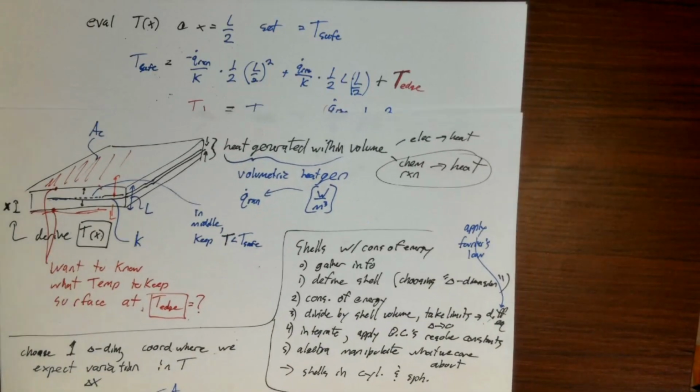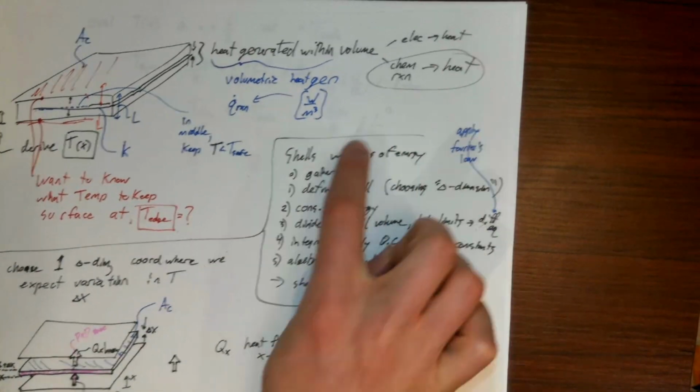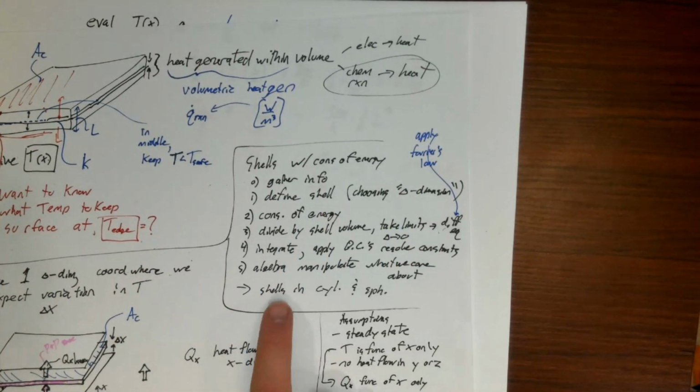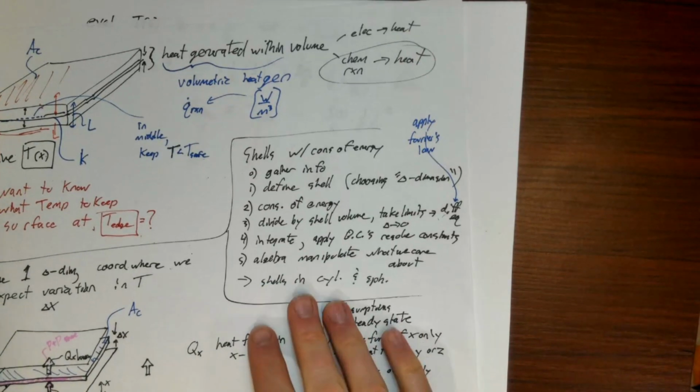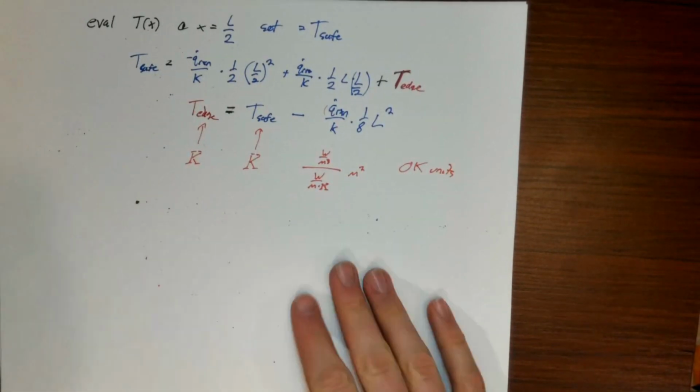Now we've basically concluded our shells example problem. I'm just going to tack on a quick discussion about what shells might look like in cylindrical and spherical coordinates.